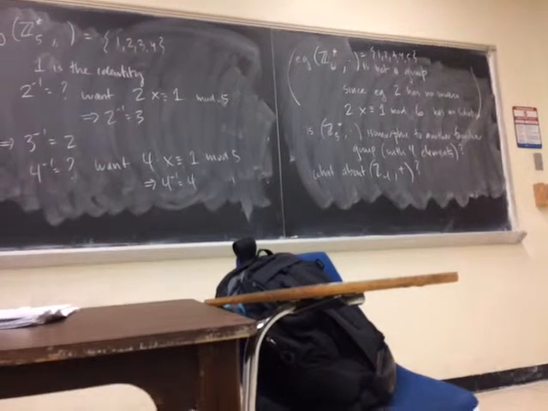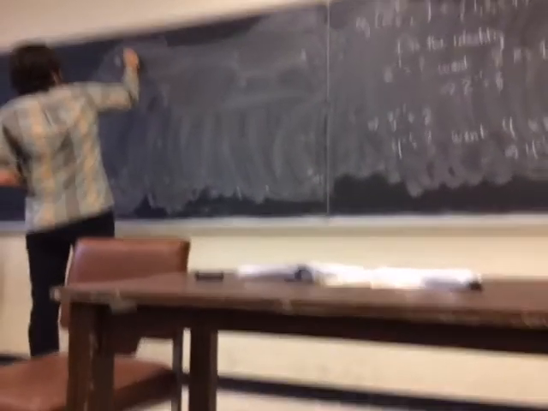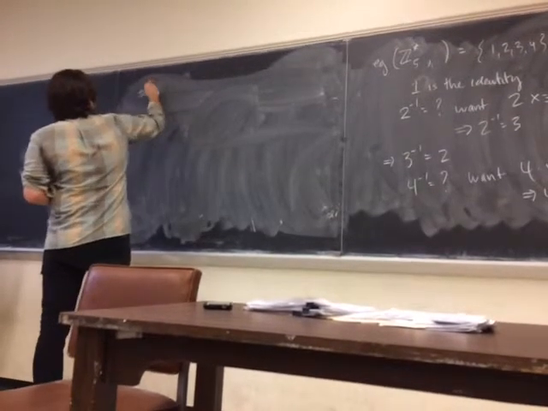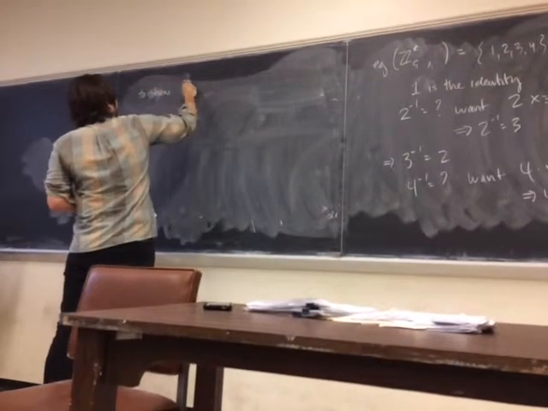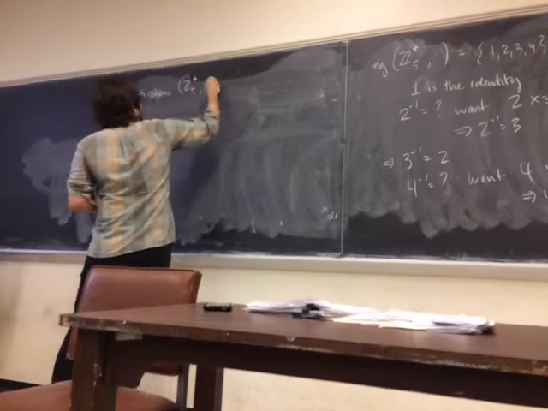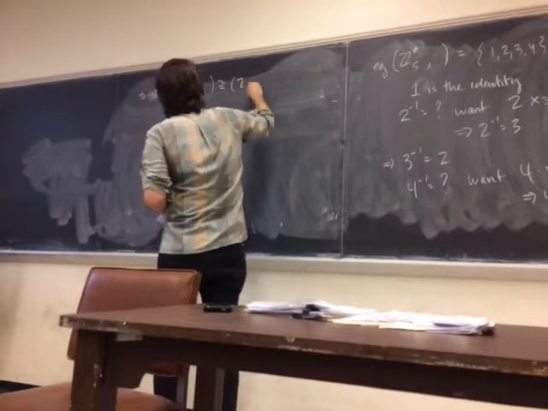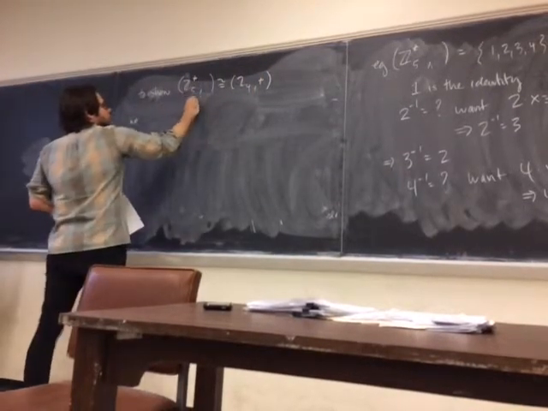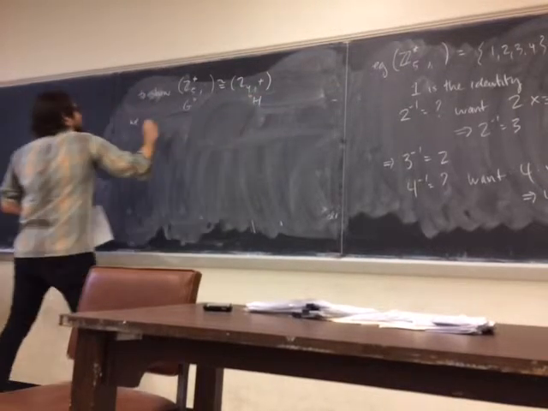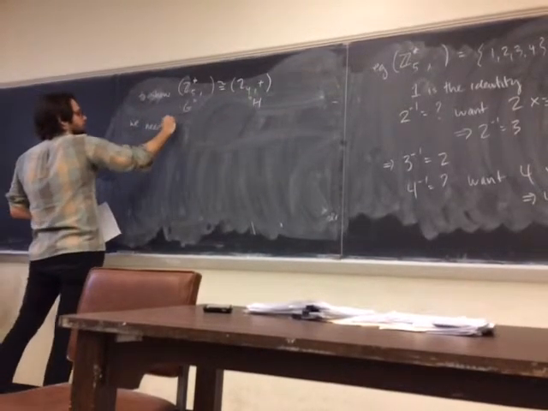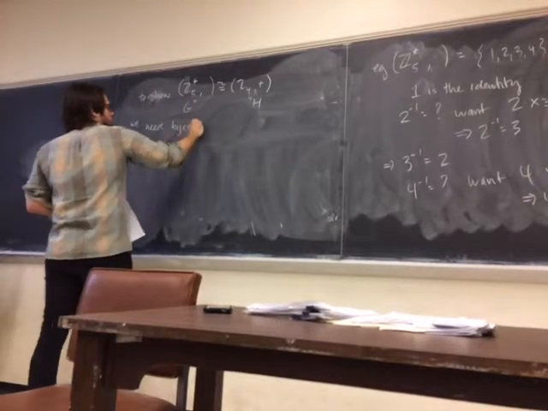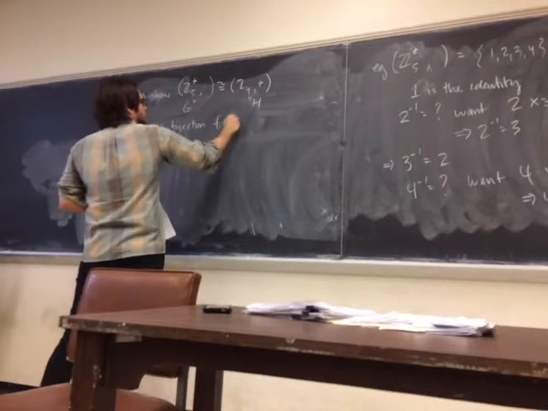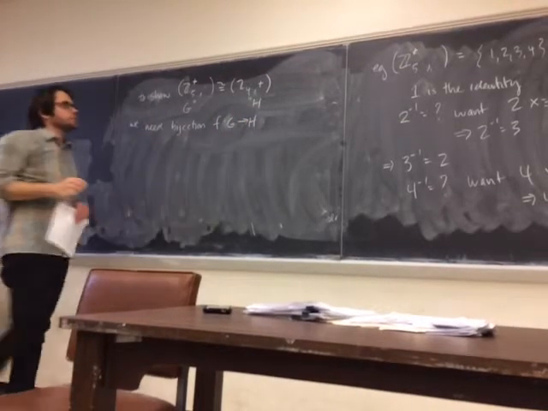So to prove the claim, to show that Z5 star with multiplication is isomorphic to Z4 with addition, can I call these G and H, just so I don't have to write? We need a bijective F from G to H, satisfying that condition.